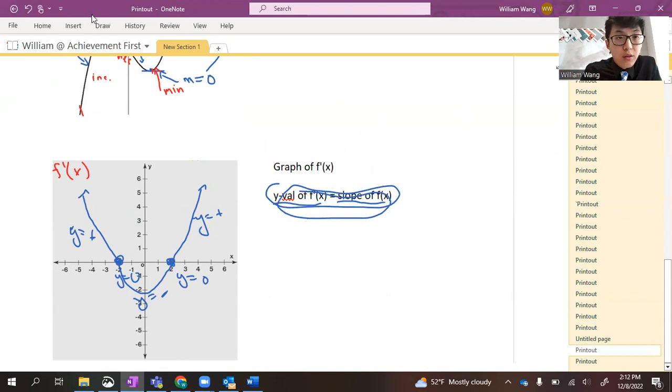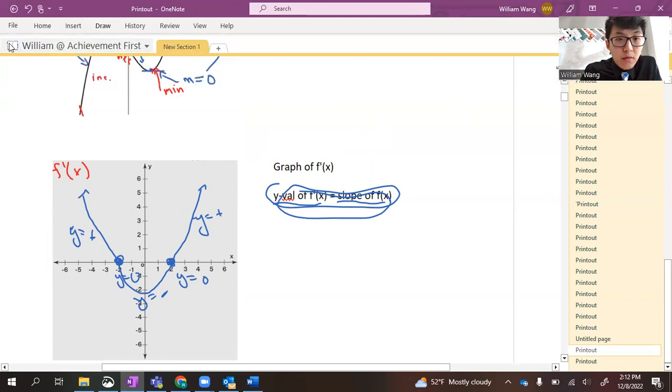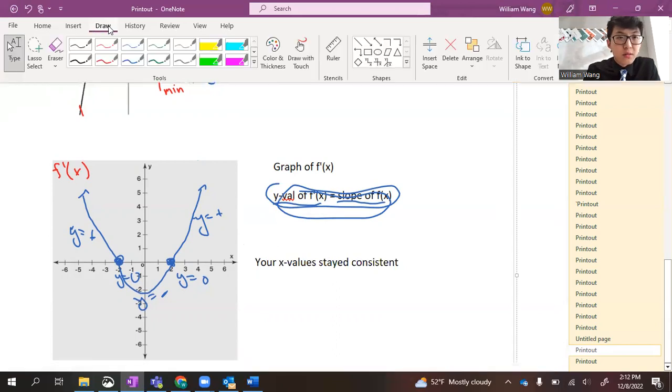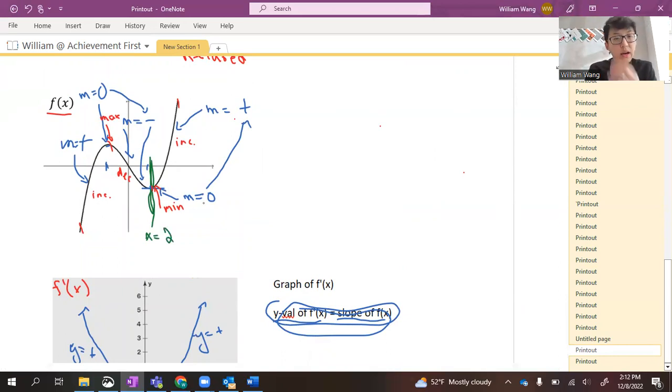All right. Another thing you might note is that your x values stayed consistent. So what I mean by that is, let's say, for example, here, this is an x value. Let's say this is an x value of 2. And what did I say?